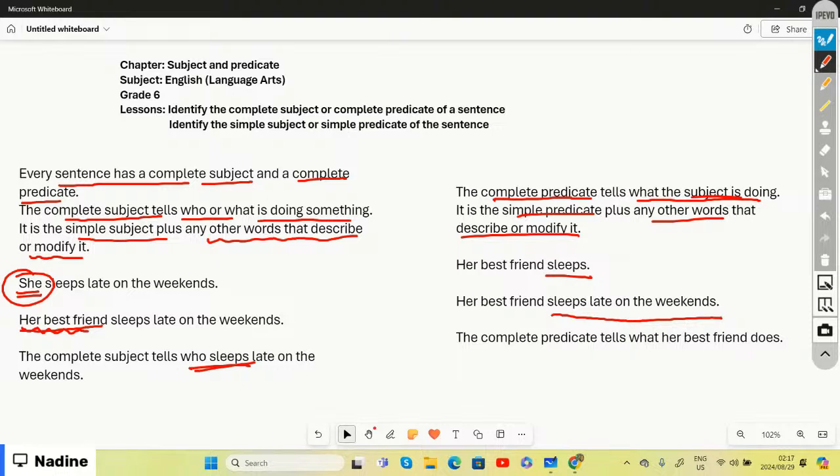And when it comes to a subject and a predicate, we said every sentence has a complete subject and every sentence has a complete predicate. The complete subject, once again, tells us who or what is doing something.